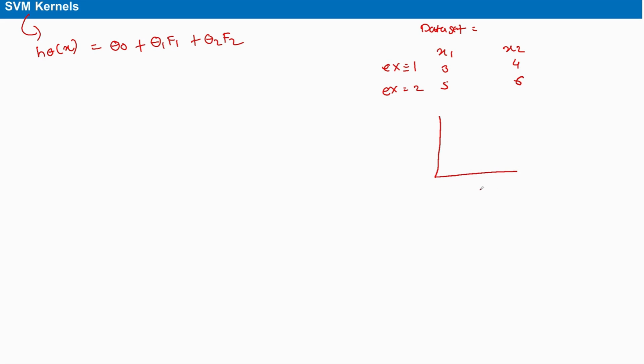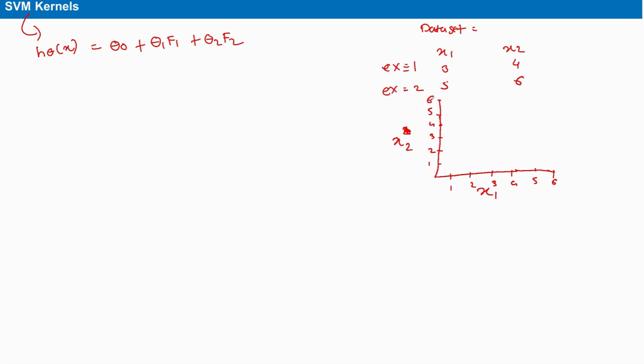This is the x1 axis, and the y-axis is for feature x2. Here I will plot the values 1, 2, 3, 4, 5, 6, and here also 1, 2, 3, 4, 5, and 6.